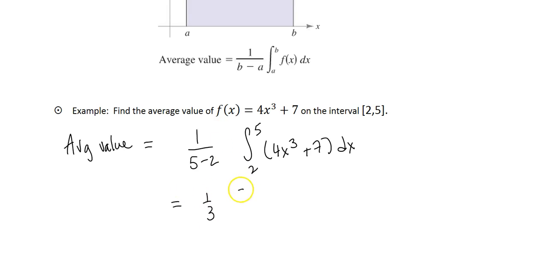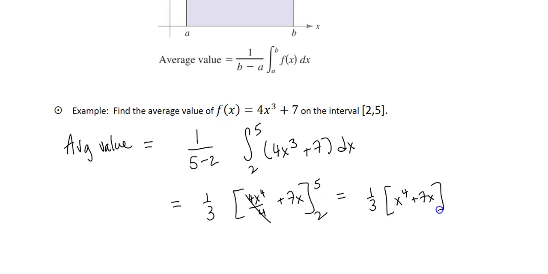So this is 1/3, and then we're going to take the integral. So this will be 4x to the 4th over 4 plus 7x, going from 2 to 5. So that'll be 1/3 times, this cancels, so we have x to the 4th plus 7x from 2 to 5.